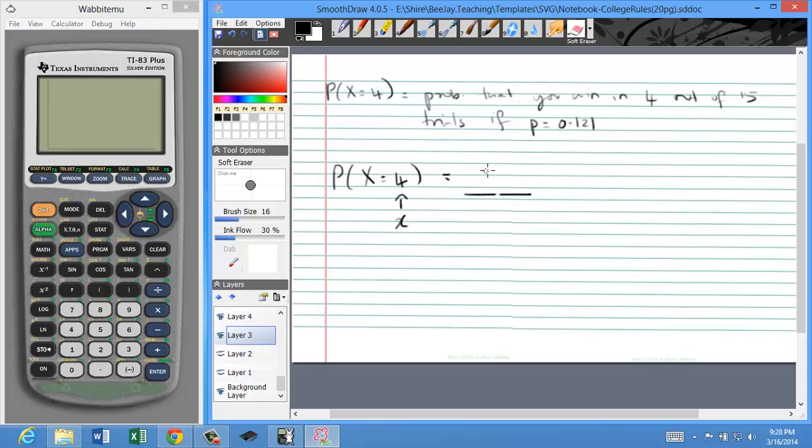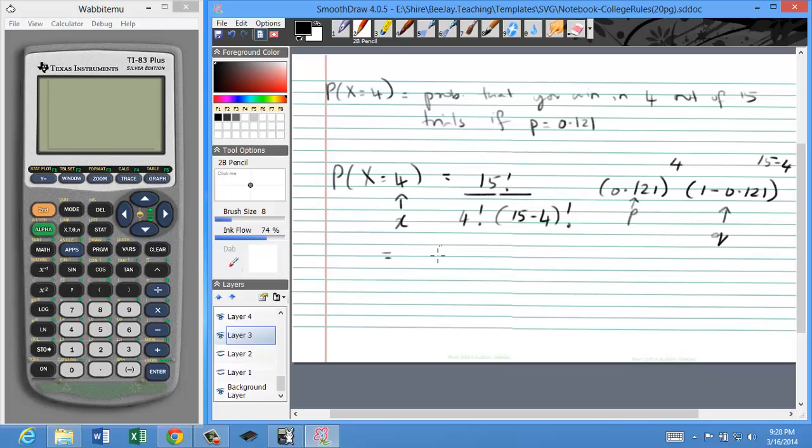Therefore, we would have n being 15. So I would get 15 factorial divided by x factorial, which is 4 factorial, times 15 minus 4 factorial, times p raised to x, x being 4, and q raised to n minus x. Q is 1 minus p, so it is 1 minus 0.121 raised to n minus x, which is 15 minus 4.